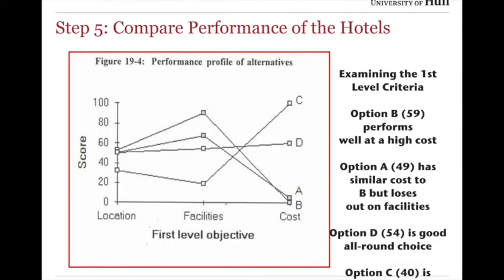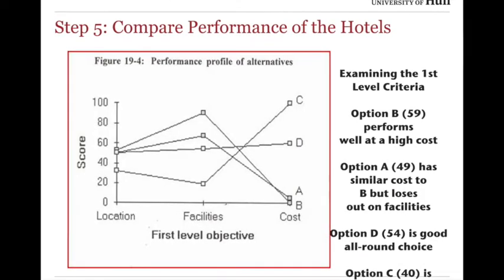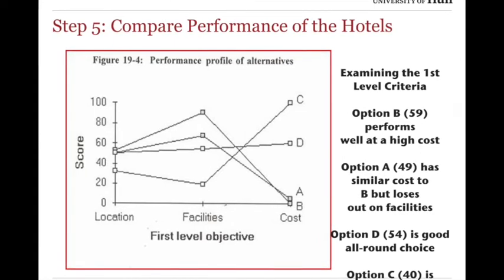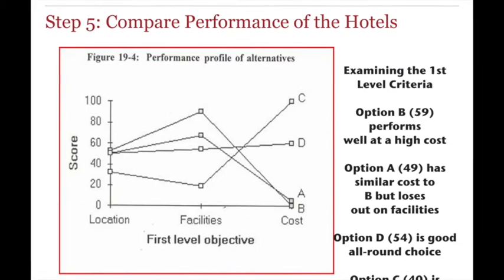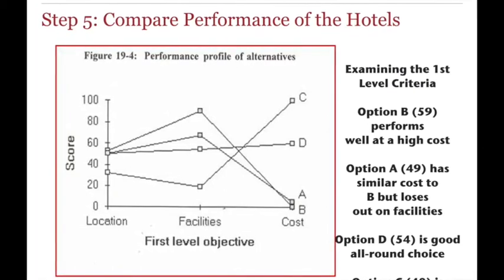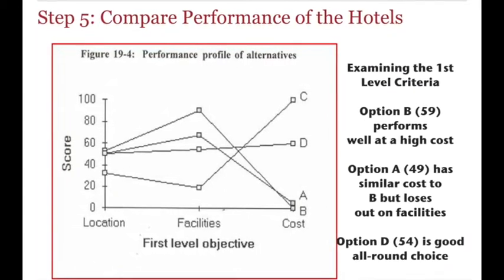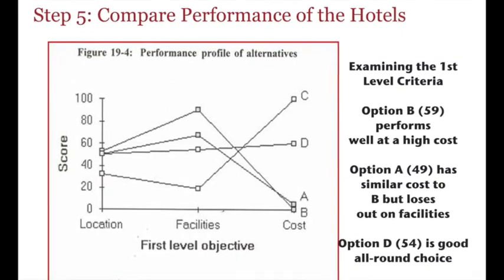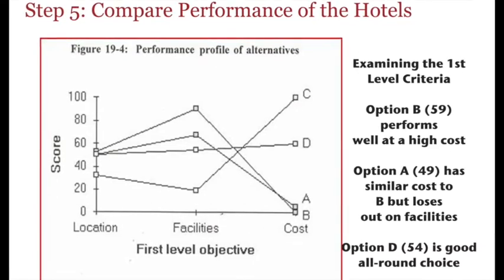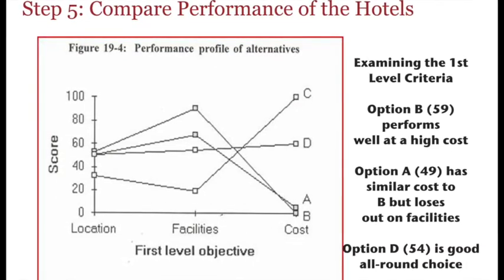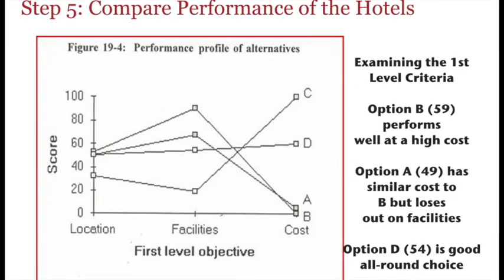So if we look at option C, for example, we can see that it's performing poorly on location and facilities, but it performs highly on cost because it's very cheap. Whereas the opposite is option B, which performs well on location. It performs the best in terms of facilities, but it performs the worst in terms of cost because it's the most expensive.